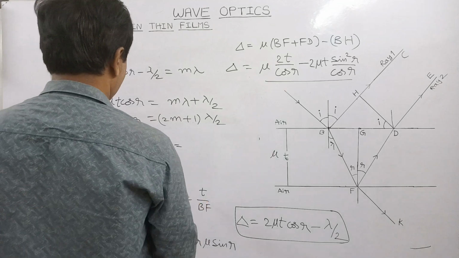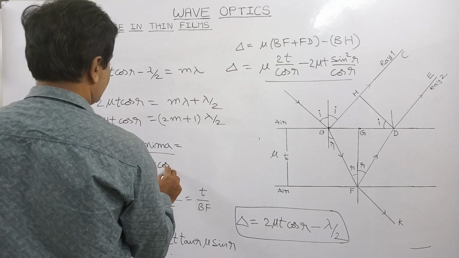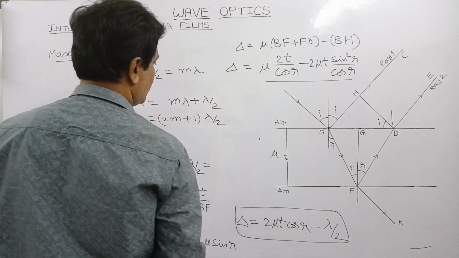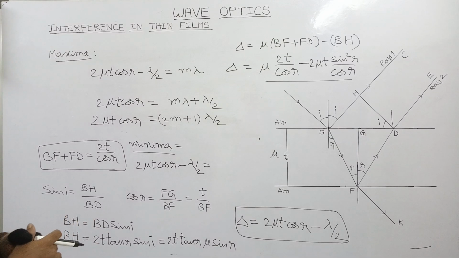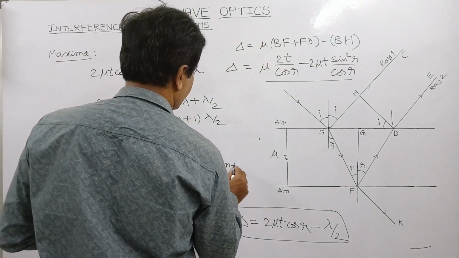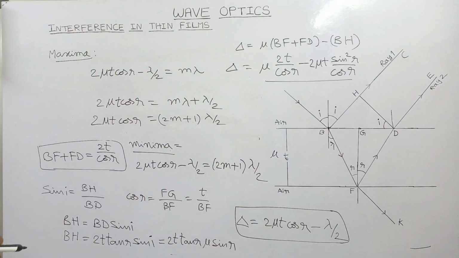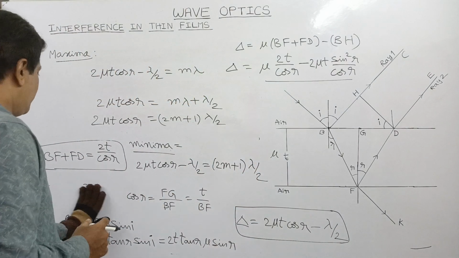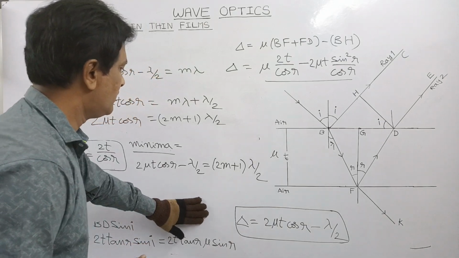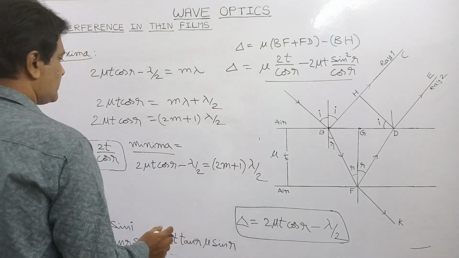So the optical path difference, 2 mu t cos r minus lambda by 2, should be equal to odd integral multiples of half wavelength. Then the condition of minima is satisfied.